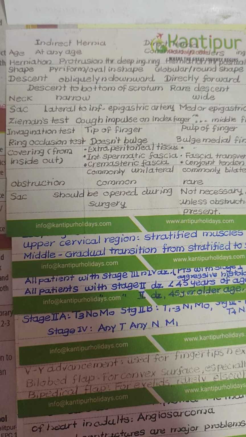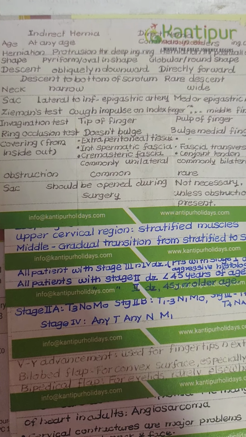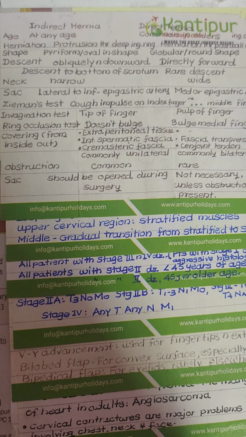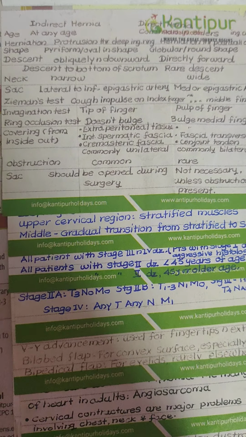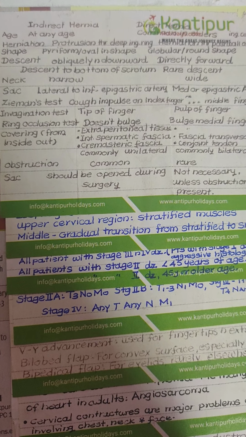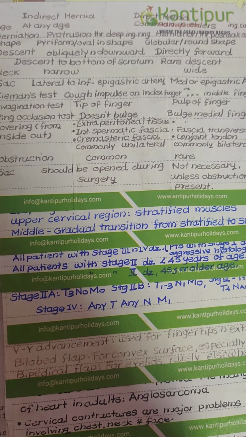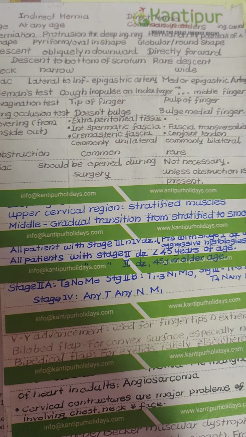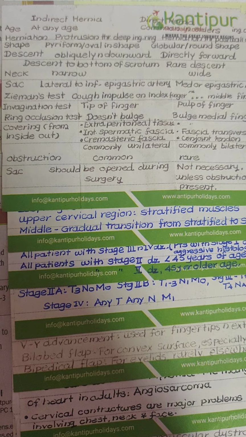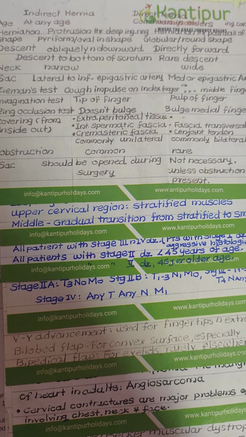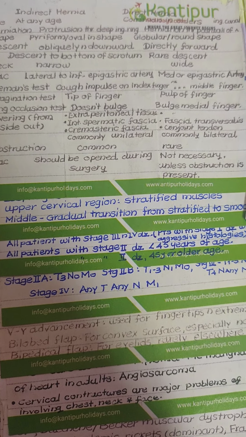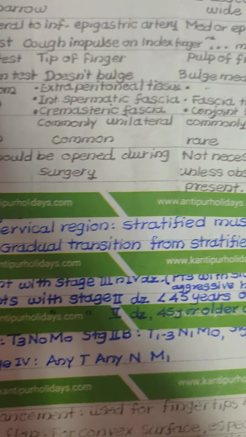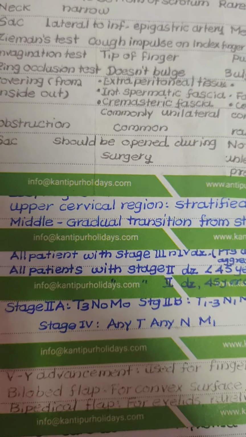Next one, descent: indirect descends to the bottom of the scrotum, direct rarely descends. Neck: indirect is narrow, and direct is wide. Sac is lateral to the inferior epigastric artery in indirect, and medial in direct. Cough impulse on index finger for indirect, on middle finger for direct. Invagination test: tip of finger versus palm of finger.